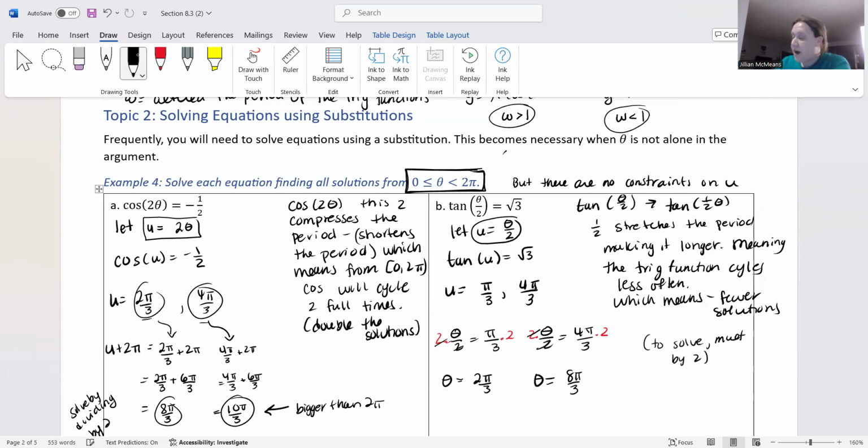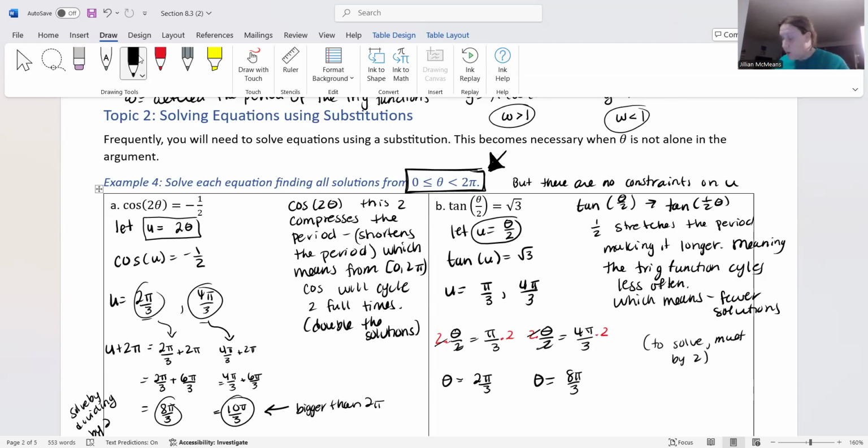Now remember, our values for theta have to be between 0 and 2 pi. So at this point, we know we have more solutions than we need because we doubled our period, which means we're going to get half as many solutions. So we sort of slowed our tangent function down. It's going to cycle half as many times as it ordinarily would.